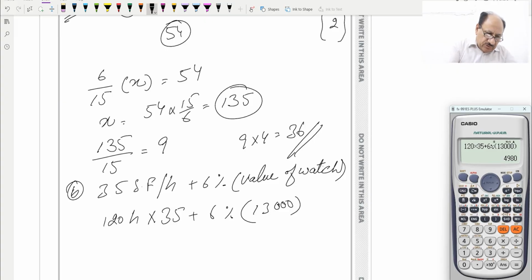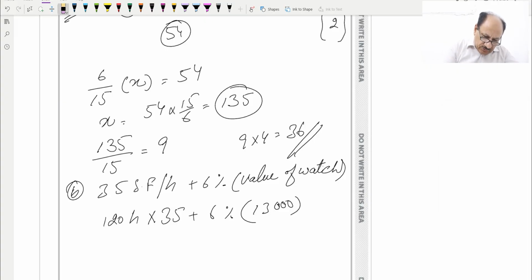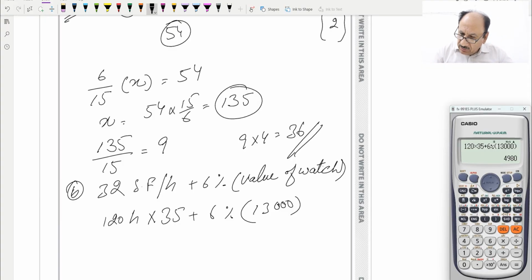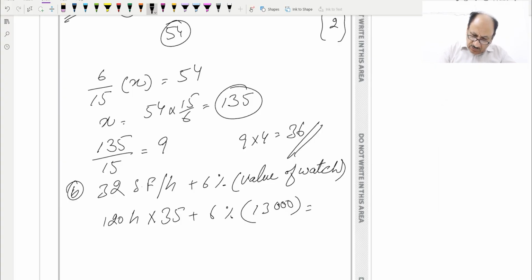Yeah, by mistake I have written 35. This should be 32 over here. So if we change 32 over here, we will get 4620. So this is equal to 4620, and the currency will be Swiss francs. This is the amount she earned, and this is a 2 marks part which we have done.